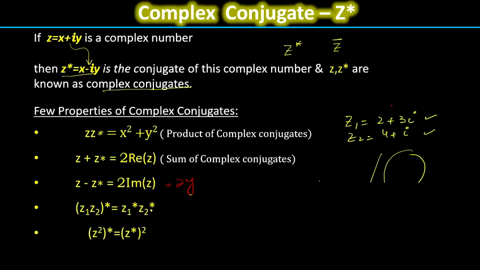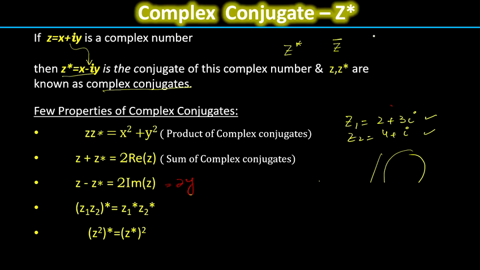If you raise a complex number to any power, here I'm writing square, if you raise a complex number to the square and then find the conjugate, and if you conjugate the complex number and then square, you get the same result. You want me to solve an example for you? Okay.